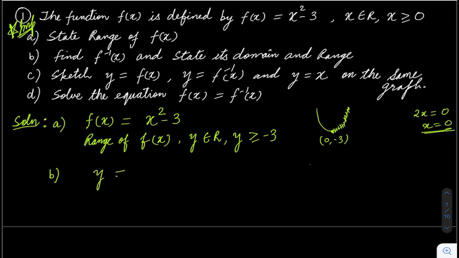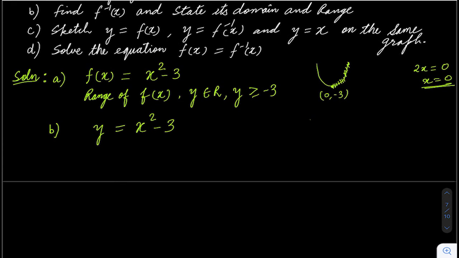We take f(x) as y, that is y is equal to x square - 3. Then we try to find the value of x. So what I will get from here is y plus 3 equals x square, and it implies my x value will be equal to square root of y plus 3.